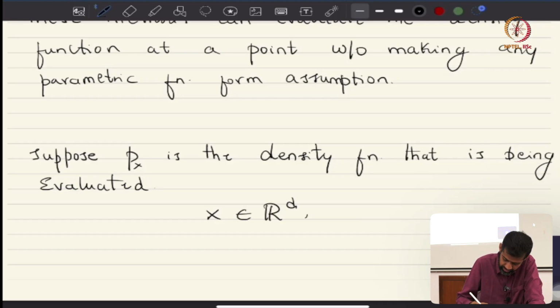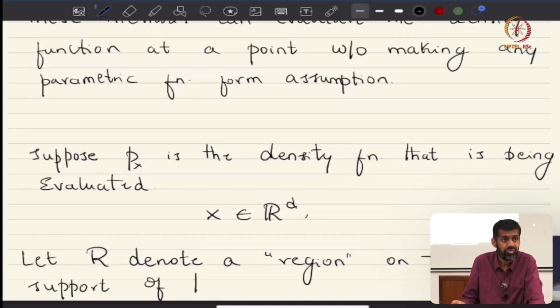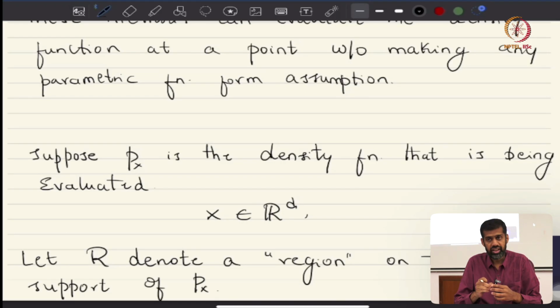Let capital R denote a region on the support of P of x. Depending upon what your R^D is, a region can be a volume or a hypervolume and so on.